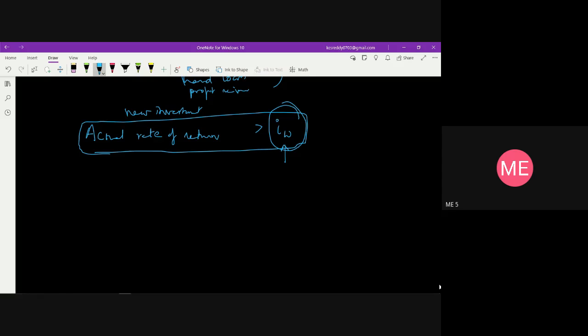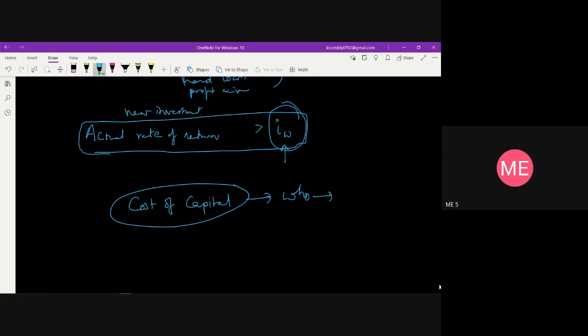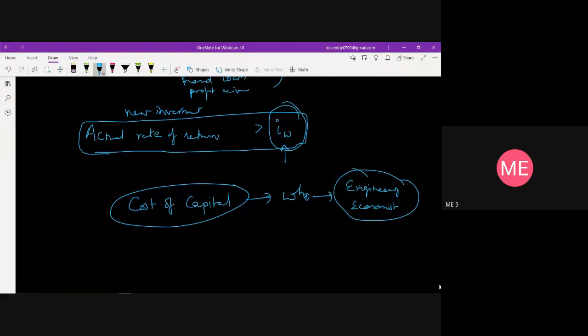In any business organization, who is going to determine this cost of capital? The person we can call an engineering economist is going to determine the cost of capital in any particular organization.